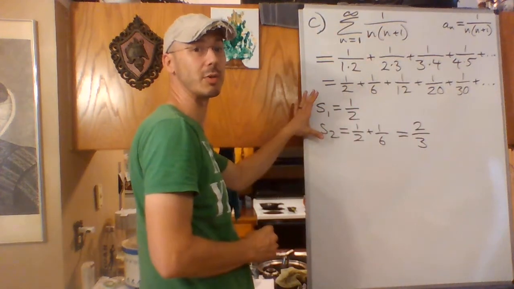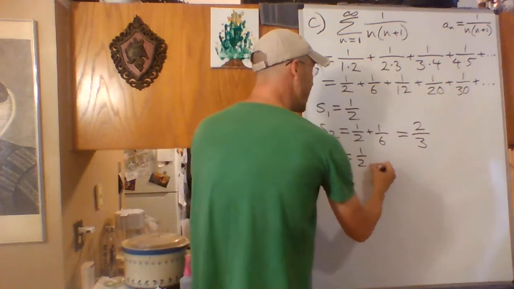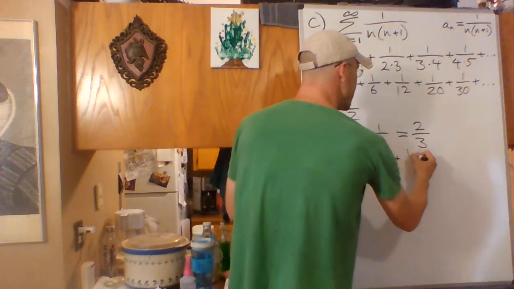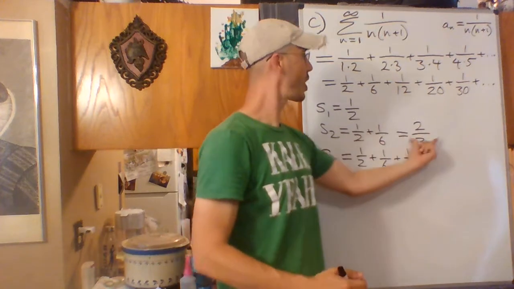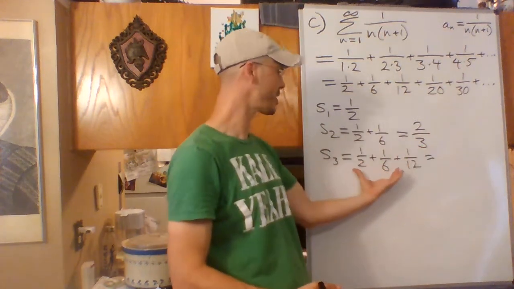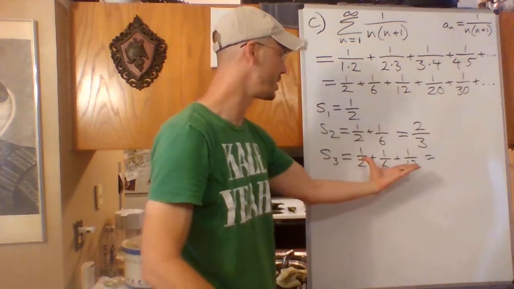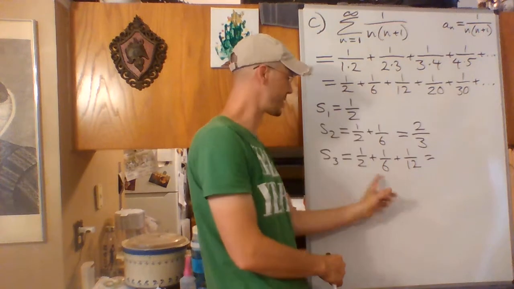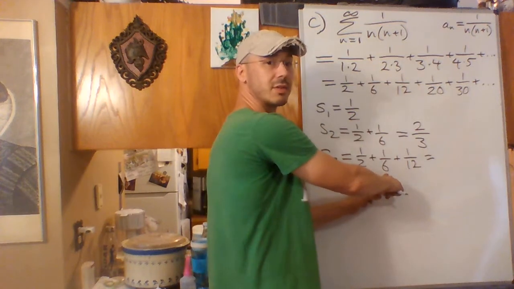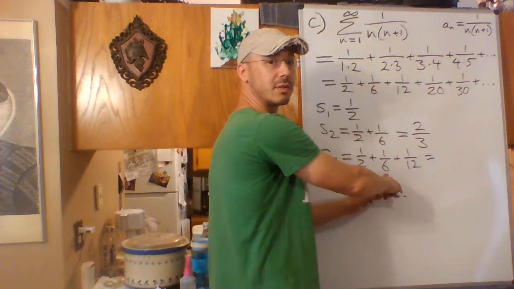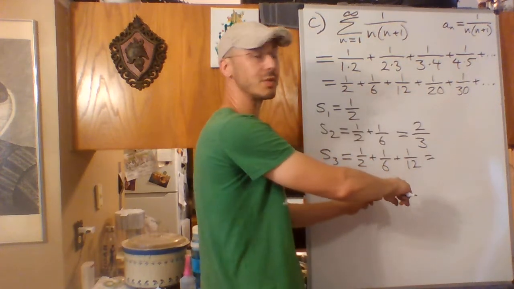And this is the pattern that we're really going to see something useful in. The third partial sum, 1/2 plus 1/6 plus 1/12, and you could just add this 1/12 to the previous partial sum, because right there, that's S2. I'm going to look at these all as twelfths. This is 6/12 and 2/12. 6 and 2 is 8. And 1/12, 9/12. 9/12 reduces to 3/4.